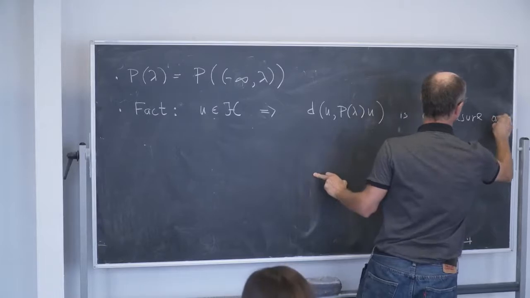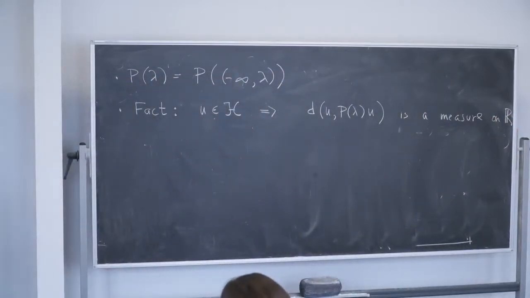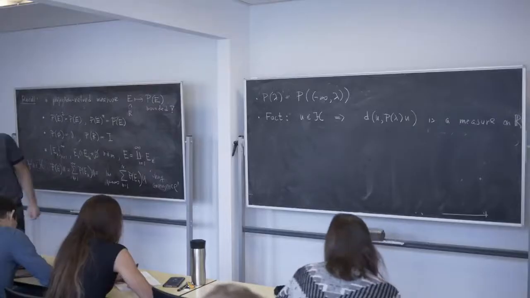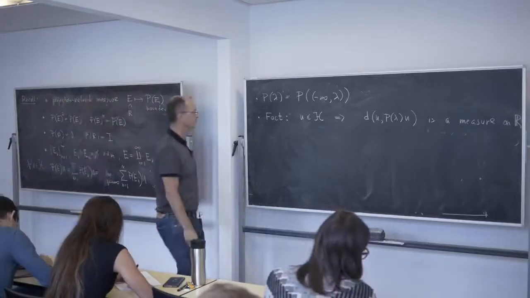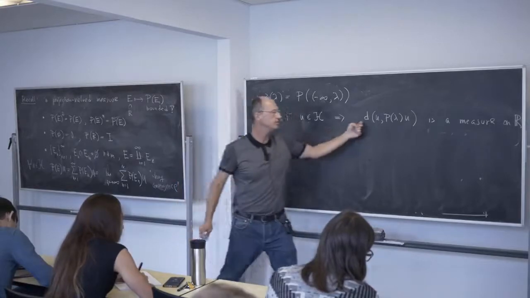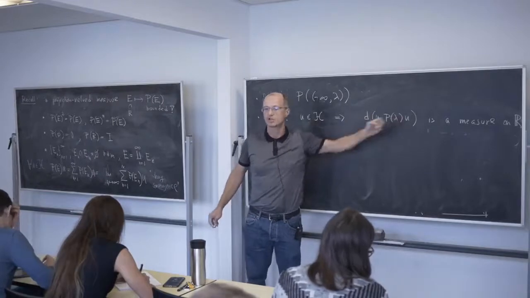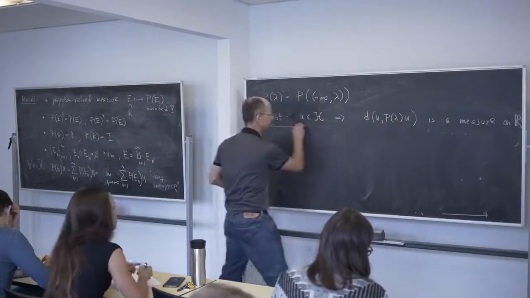Is a measure on the real line. So we'll be using those measures in the formulation of the theorem. So actually, from each projection valued measure, you can build many measures on the real line, and that's what we've already been doing in the finite dimensional theory.